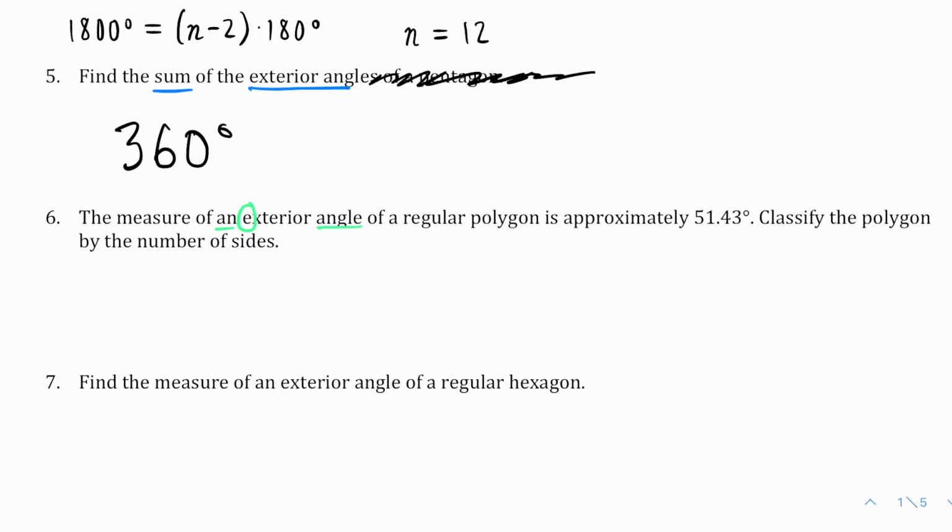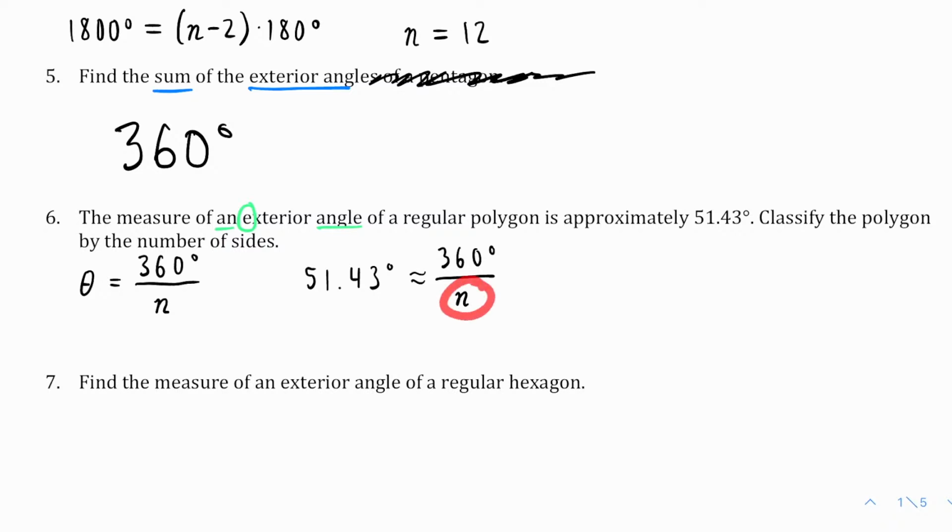So our formula here, theta equals 360 degrees divided by n. Well, we know what theta is, approximately. We're going to say that 51.43 degrees is approximately 360 degrees divided by n.